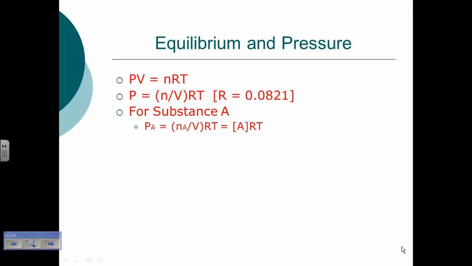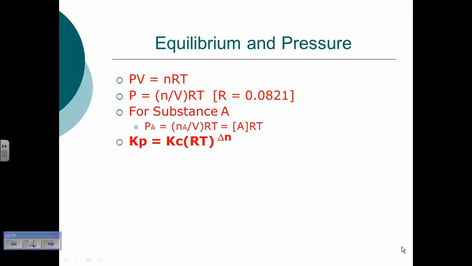And knowing that moles per liter gives us a bracket, which means molar units, the pressure for substance A is now written as the bracket A times RT: the concentration of substance A in molarity units times R times T. R is 0.0821 and T is the Kelvin temperature. So we just rearranged PV equals nRT a little.